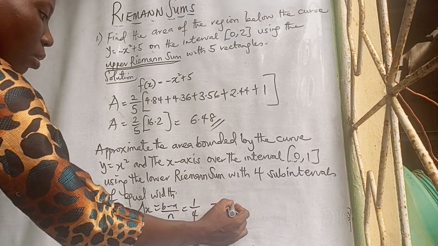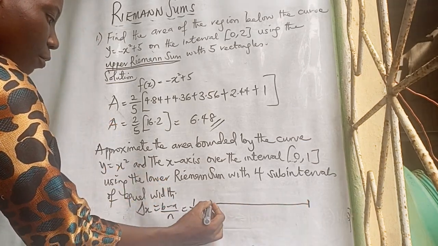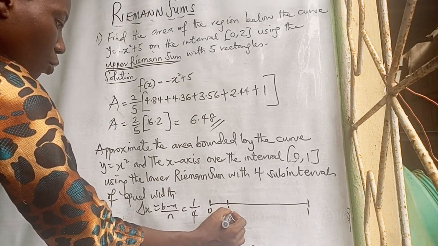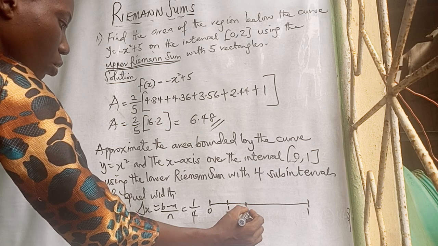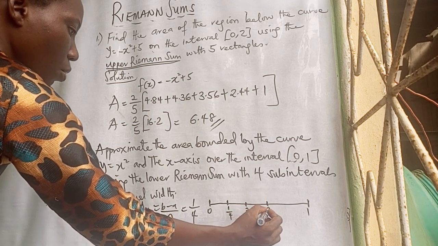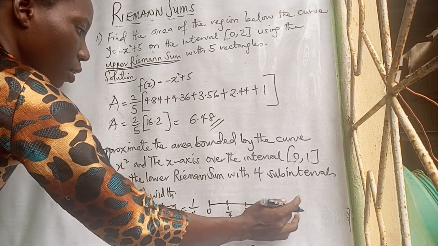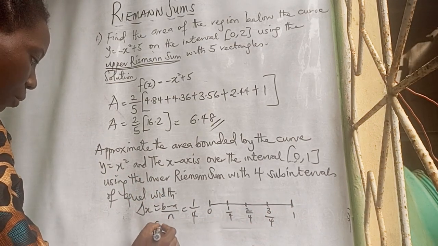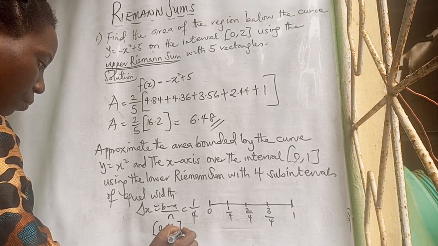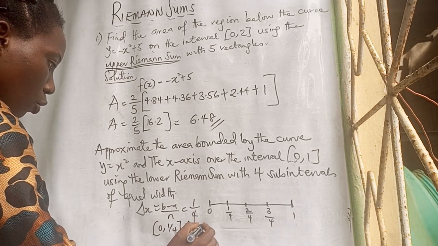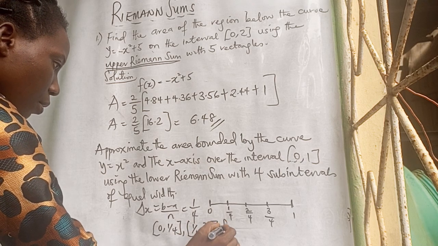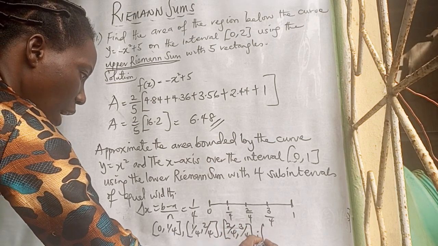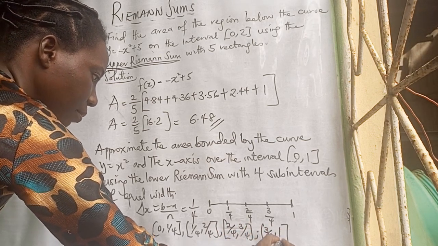Therefore, our interval from 0 to 1, we have 1 over 4, 2 over 4, 3 over 4, and then the last one, which is 1. And so the subintervals are what? 0, 1 over 4, 1 over 4, 2 over 4, 2 over 4, 3 over 4, and then 3 over 4, 1.